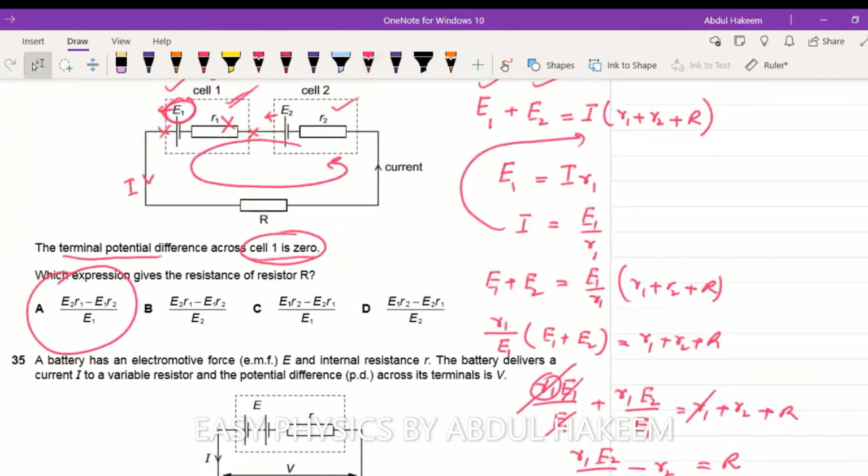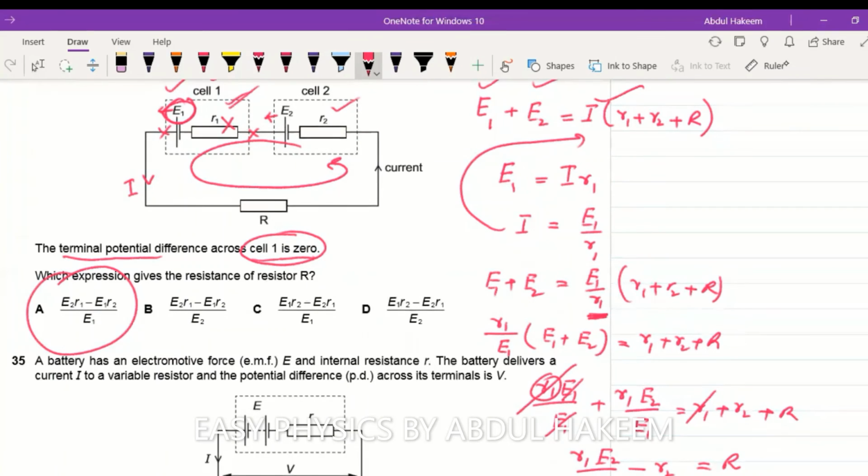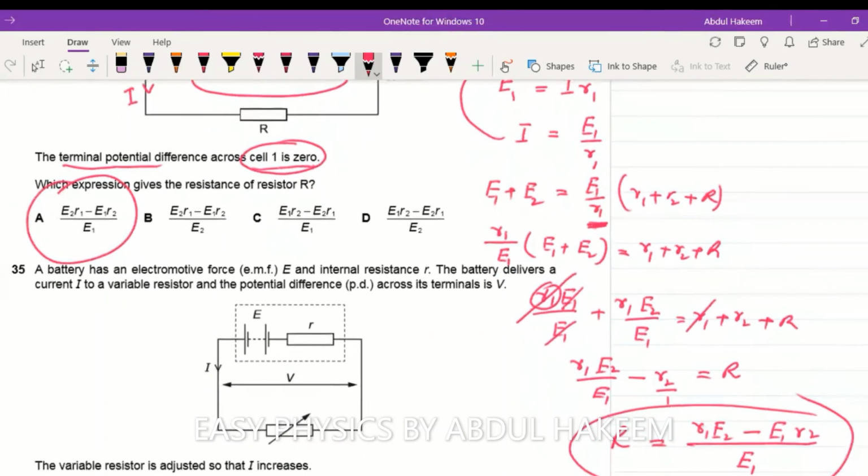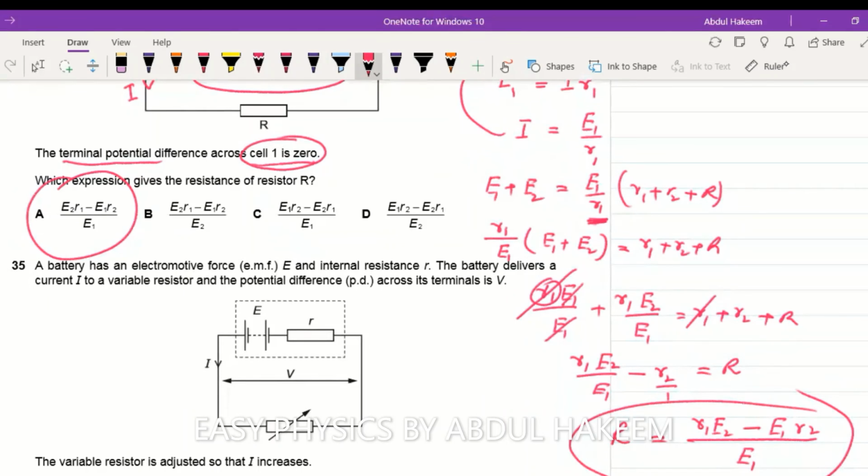So this current is replaced with E1 over R1 here. So this is multiplied here: R1 over E1 times E1 plus E2 equals R1 plus R2 plus R. When this bracket is opened, R1 E1 over E1, E1 cancelled, R1 left, R1 cancelled with the right side R1.